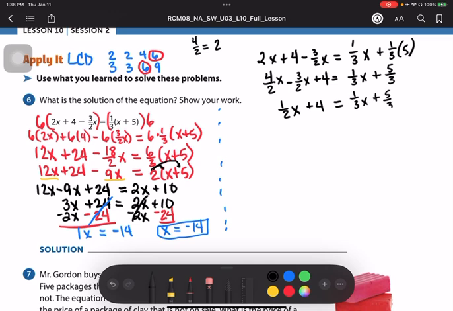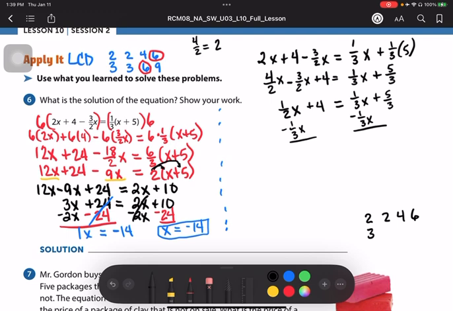So now I want to combine my like terms. I'm going to combine by subtracting my fractions, 1/2 x minus 1/3 x. They have unlike denominators, so I have to make them a common denominator. The common denominator will be 6, right? Because 2 times 1 is 2, 2 times 2 is 4, 2 times 3 is 6.